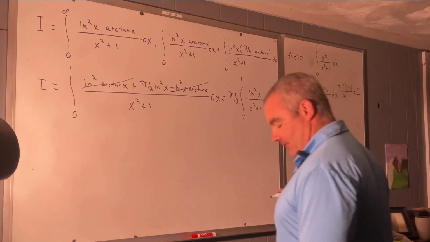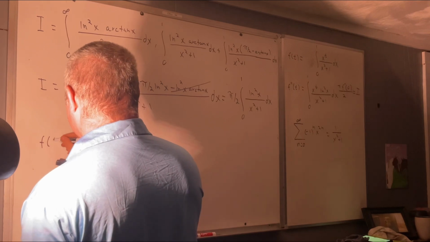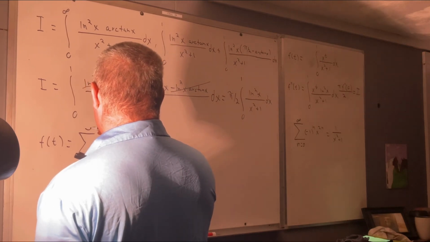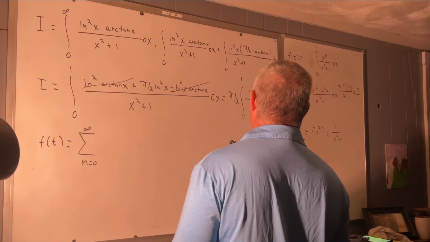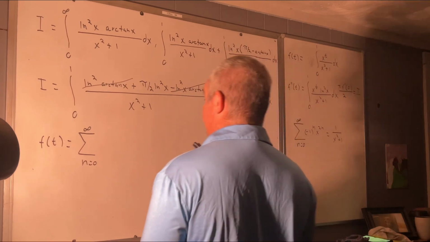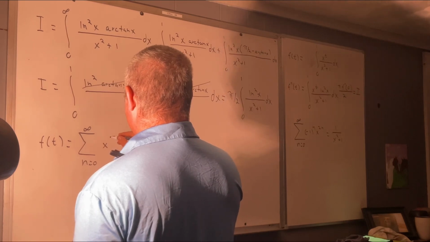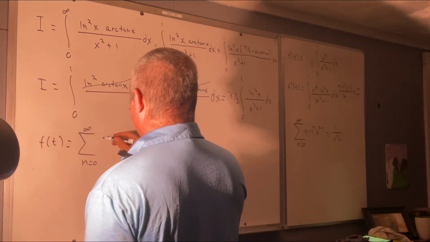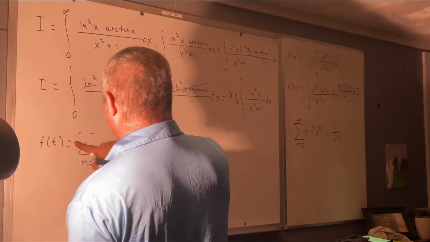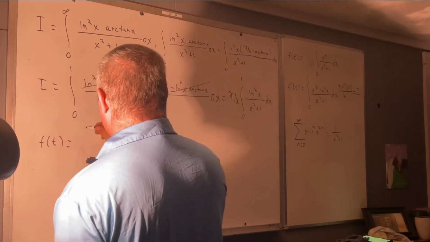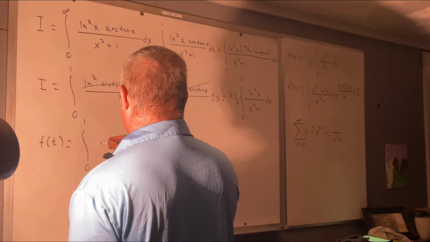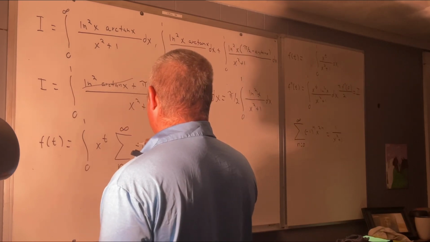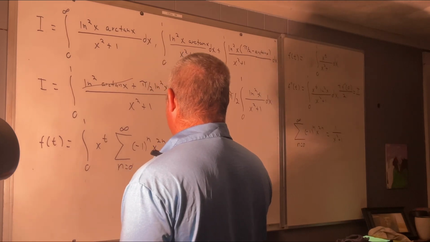That means that f of t is equal to the integral from 0 to 1 first, of x to the t times the sum as n goes from 0 to infinity of negative 1 to the n times x to the 2n dx.